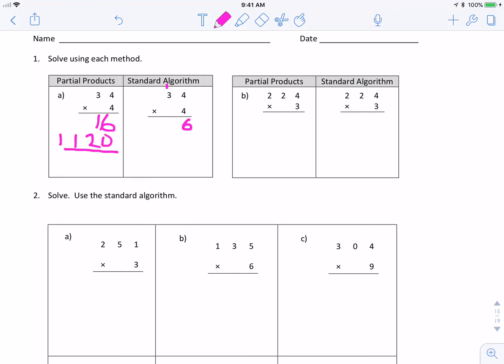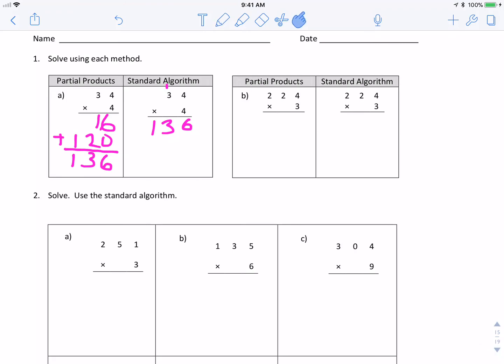You add your 0. Four times 3 is 12 plus 1. Did I get the same answer? Yes, I did. Let's try these. Actually, I want you to do that one on your own.